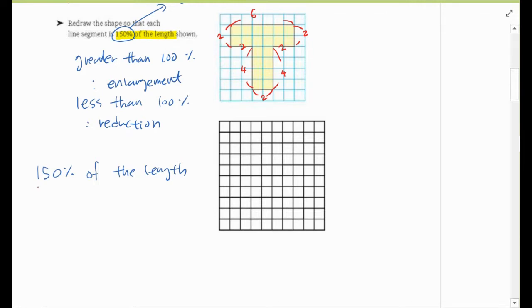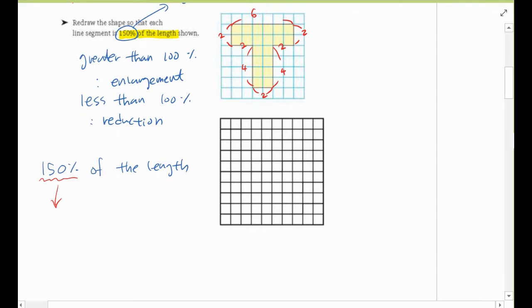Okay, first, we're going to change 150% to a decimal number. How do you change 150% to a decimal number? We learned this in the previous sections. What you do is you simply remove the percent sign and move 2 decimal places, which is 1.5. It becomes 1.5 in decimal.